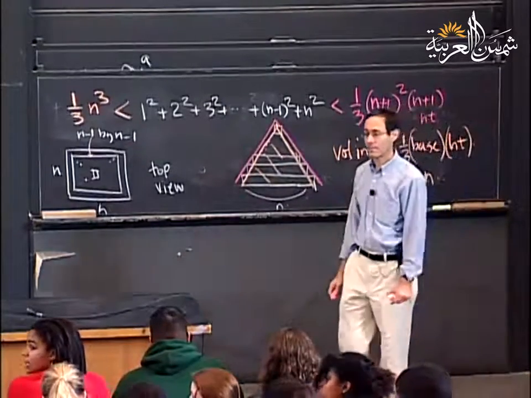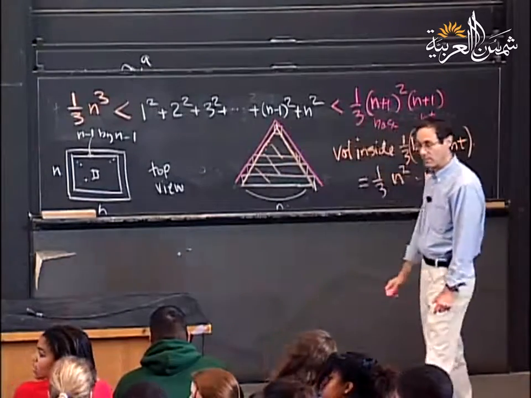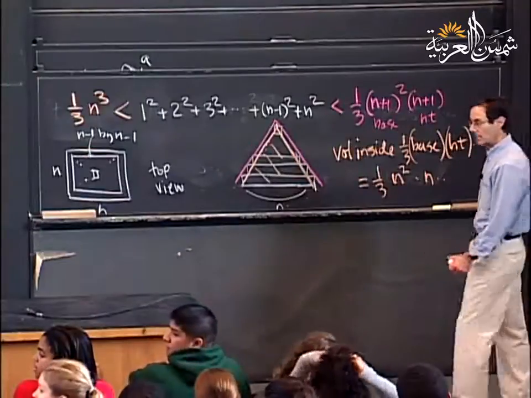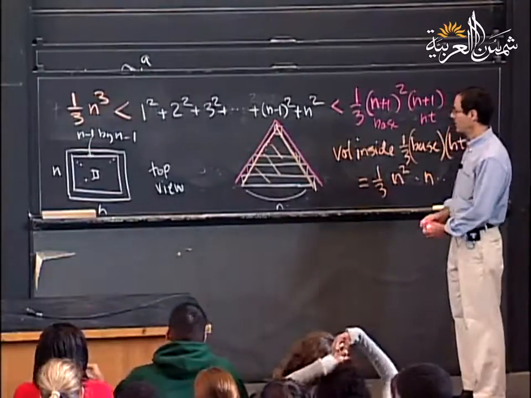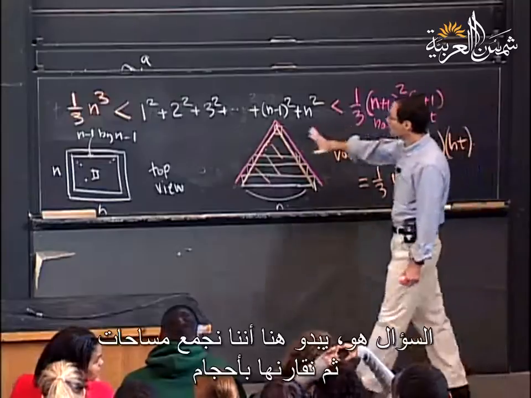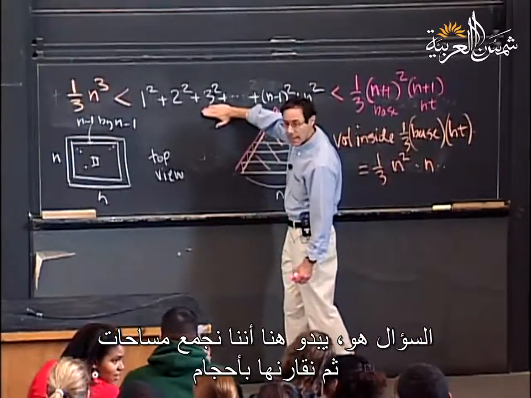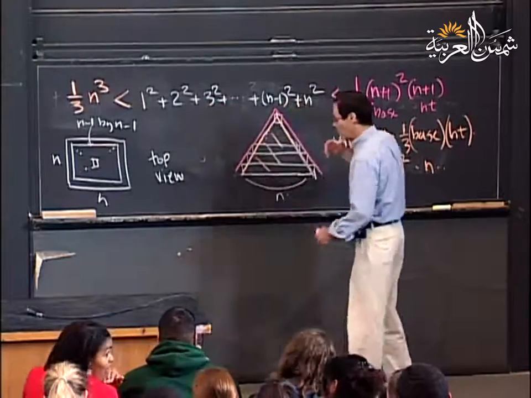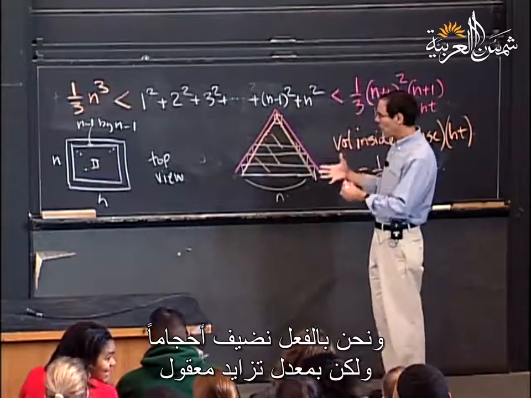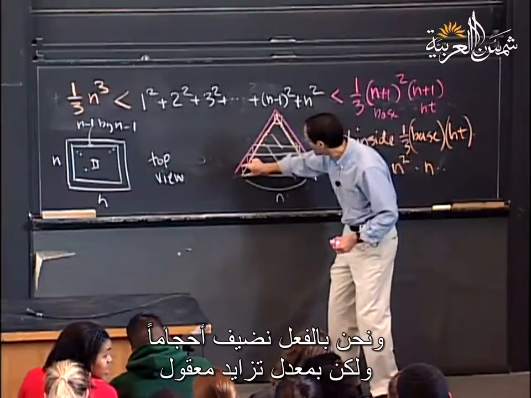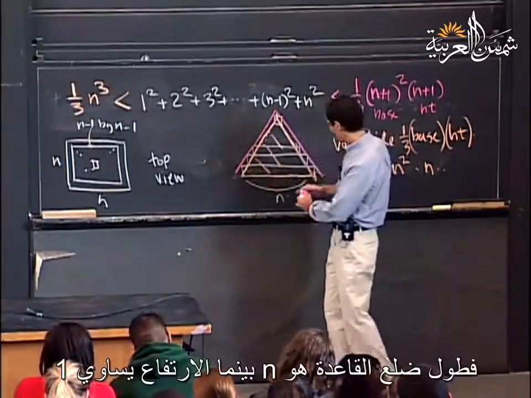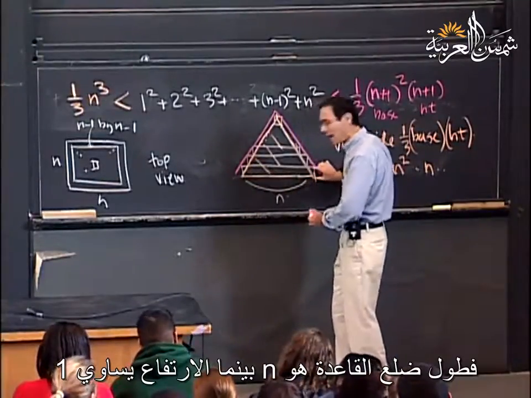Yes, question? You're adding up areas in the center of your inequality and then equating it to volume. The question is, it seems as if I'm adding up areas and equating it to volume, but I'm actually creating volumes by making these honest increments here. That is, the base is n, but the height is 1.